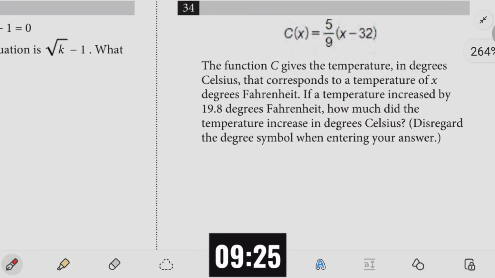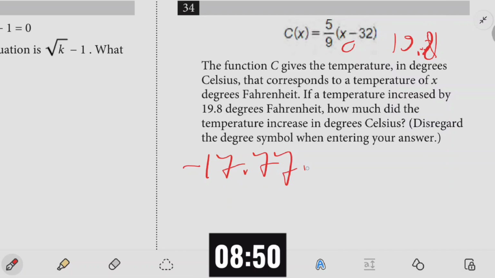Function C gives the temperature in degrees Celsius that corresponds to a temperature of x degrees Fahrenheit. If the temperature increased by 19.8, how much did the temperature increase in degrees Celsius? Okay. Oh, so we have to do 0. Oh my god. Okay. We'll plug in 0 and then we'll plug in 19.8. Okay, shoot. Okay, -32 times 5 divided by 9. That's negative. Right.